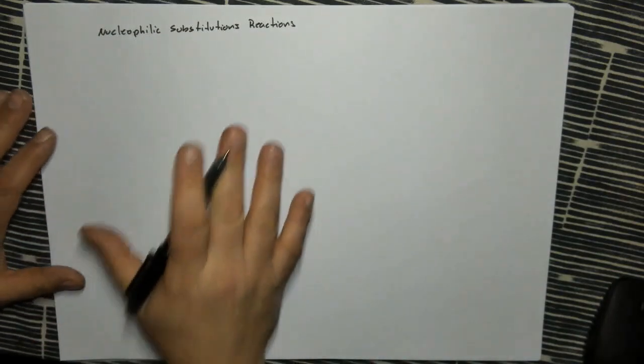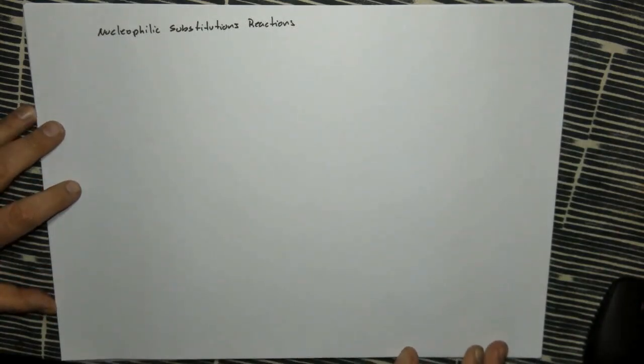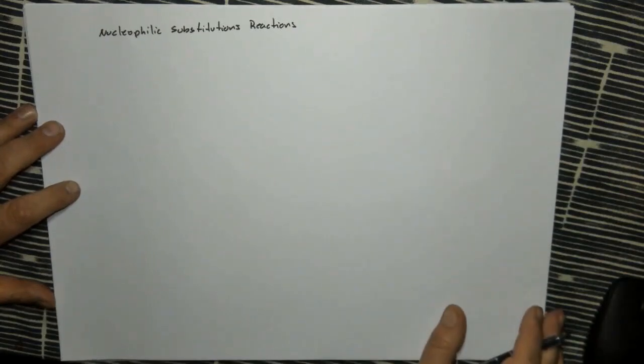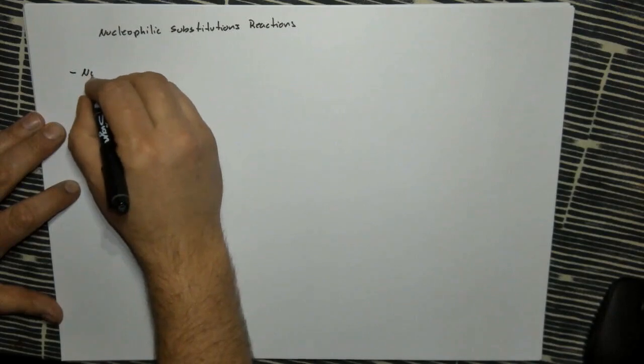Even if you don't actually do this type of reaction very often, they are really good for learning a lot of different concepts within organic chemistry. So let's begin by talking a little bit about nucleophiles particularly.